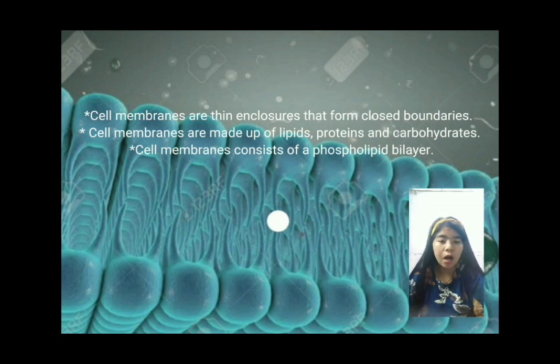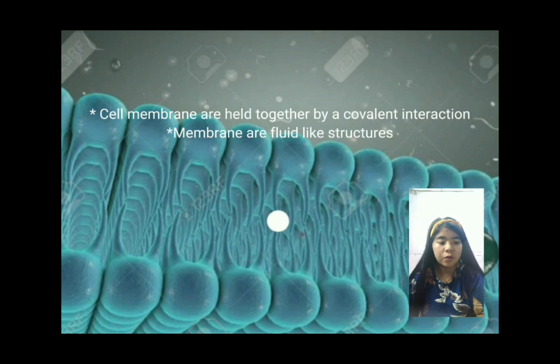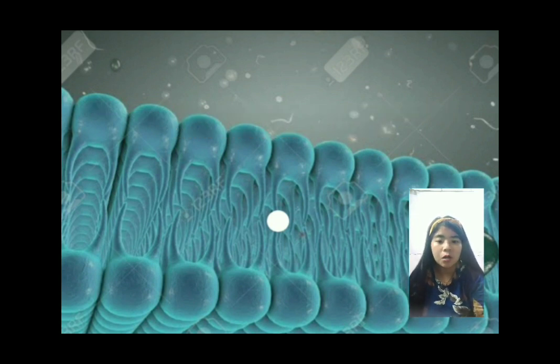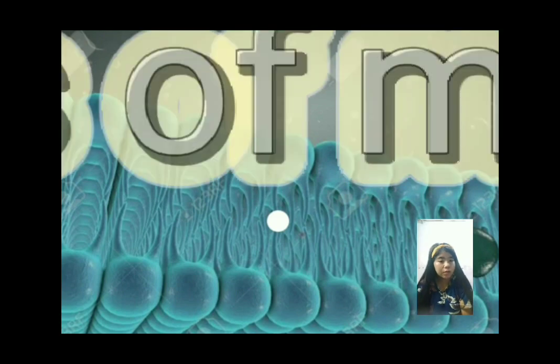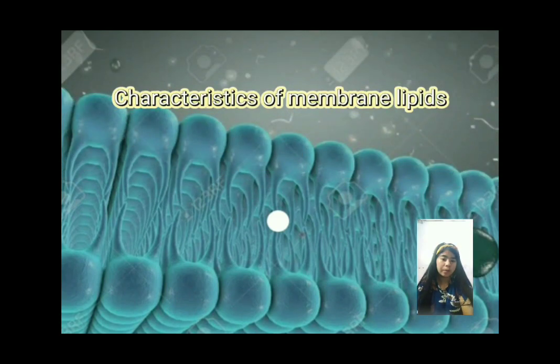Cell membranes are made up of lipids, proteins, and carbohydrates. Number 3. Cell membrane consists of phospholipid bilayer. Number 4. Cell membranes are held together by non-covalent interactions. And lastly, the membrane is a fluid-like structure. These are also characteristics of membrane lipids.